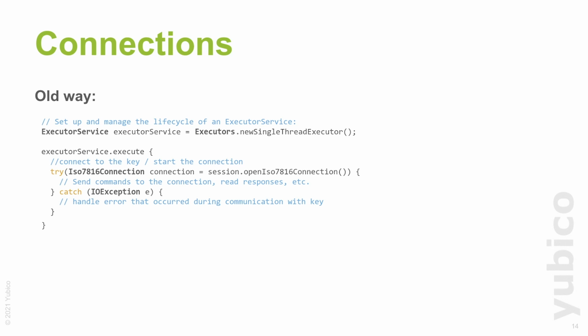If you attempt to use a connection between multiple threads in the SDK, then you're likely to end up with a bad state, and you're going to run into strange problems and errors. Because of this, we in the past recommended that you open and use connections in a specific worker thread. For example, you can use a standard executor service and make sure that anything you actually do with those connections is executed in that executor service.